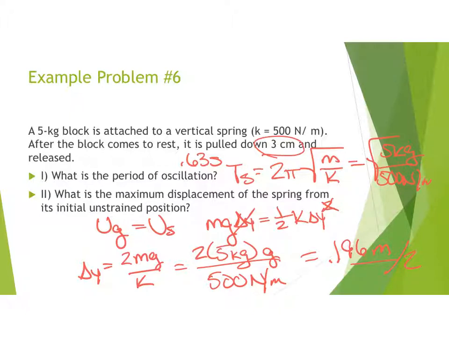So my maximum displacement is more like 0.1 meters. And then I'm going to add my 3 centimeters, which is what was initially added to this. So basically my maximum displacement is going to be 0.13 meters. And that is my final answer.